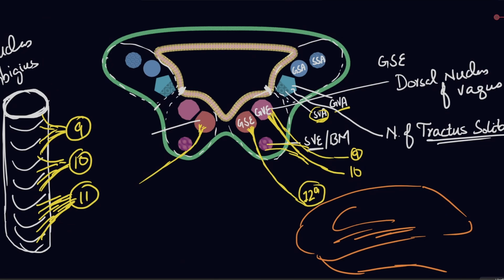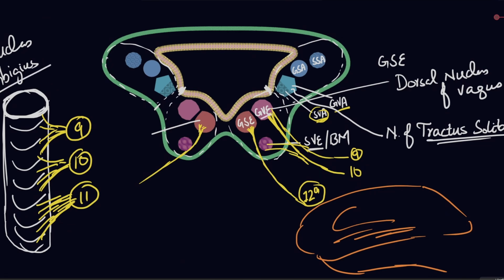Then we have the general somatic efferent and special somatic efferent. To explain those things, I am going to remove this, and let's just recap what we have read. We have the hypoglossal nucleus, which is general somatic efferent. Then we have nucleus ambiguus, which supplies the brachiomotor fibers.